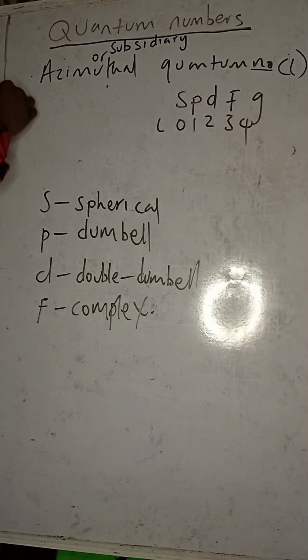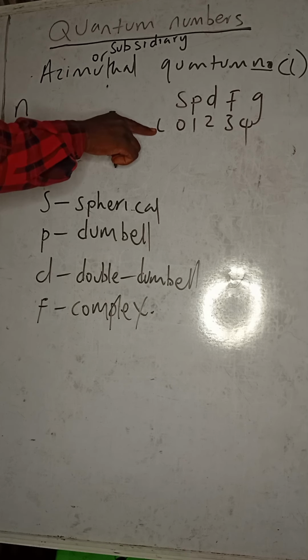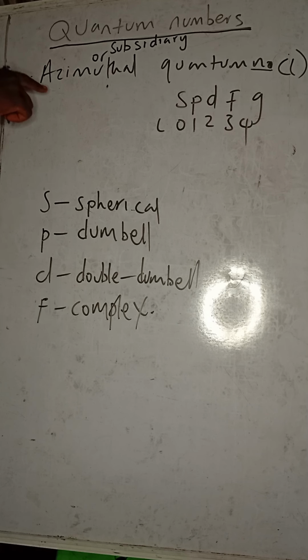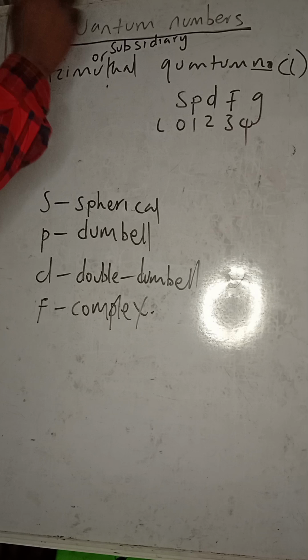For every value of n, the principal quantum number, there are n values of l, the azimuthal quantum number. What do I mean?